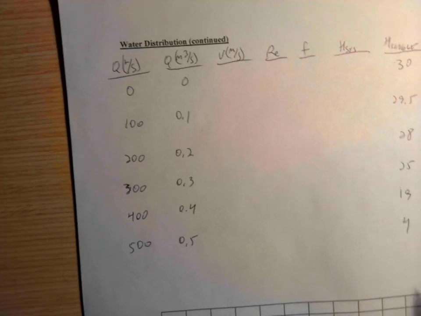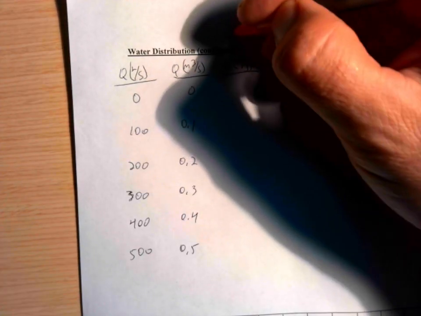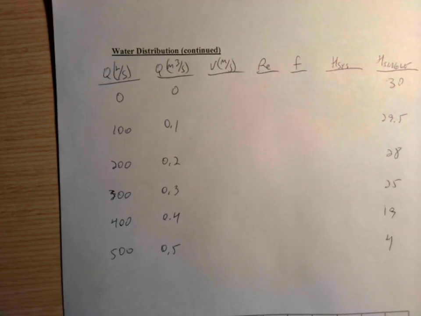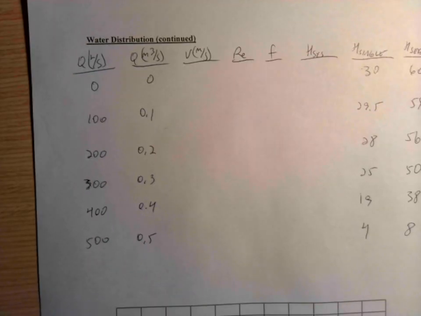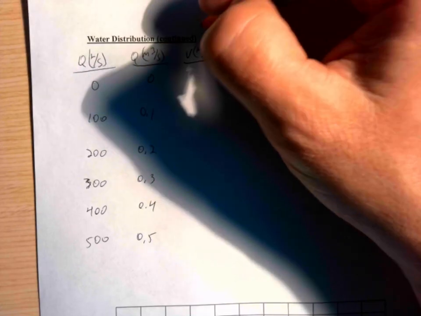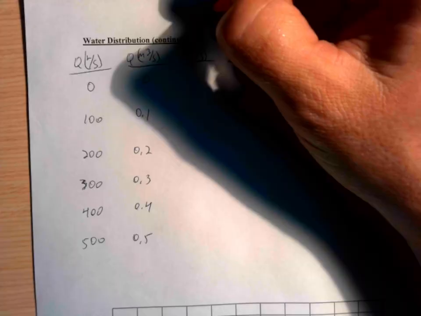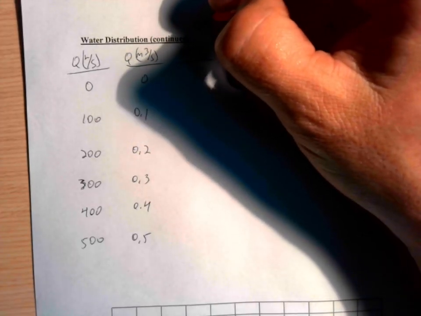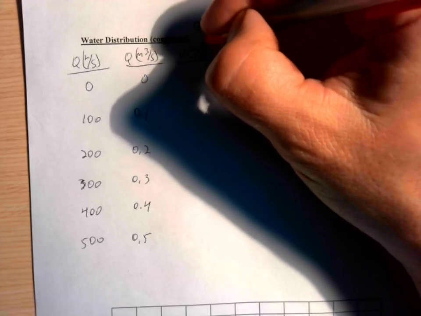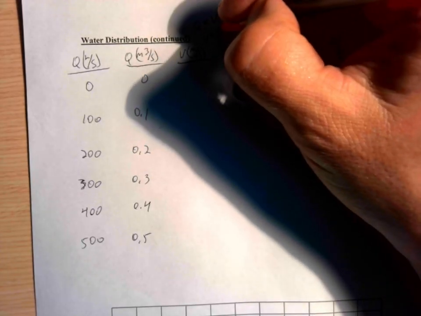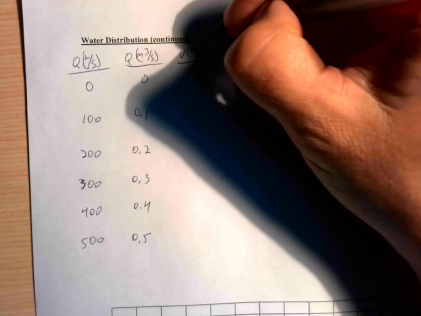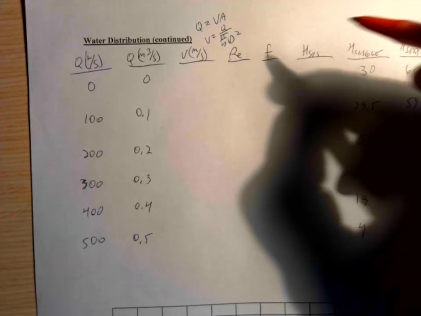To get the velocity here, it's a circular pipe, so it's Q over A, and the area here is pi d squared over 4. We could compute that so that we didn't have to write it out as much, but Q equals VA, so therefore V is equal to Q over pi over 4 d squared.